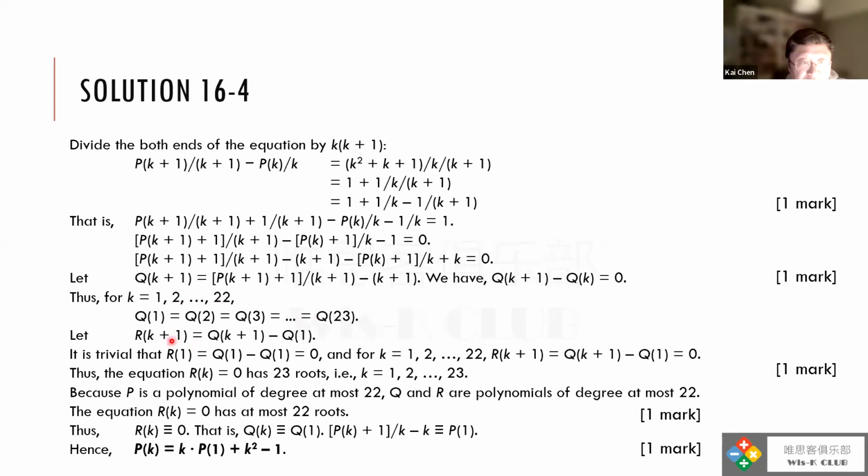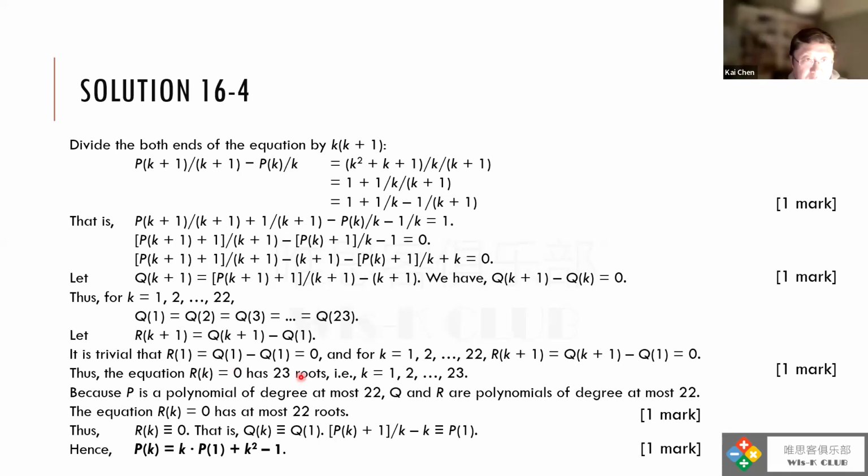So if you define the r, where r is q minus q1, then immediately r1 is 0, and for all k from 1 to 22, because r23 is also 0. So meaning that r has 23 roots. Yeah, r equal to 0 has 23 roots.